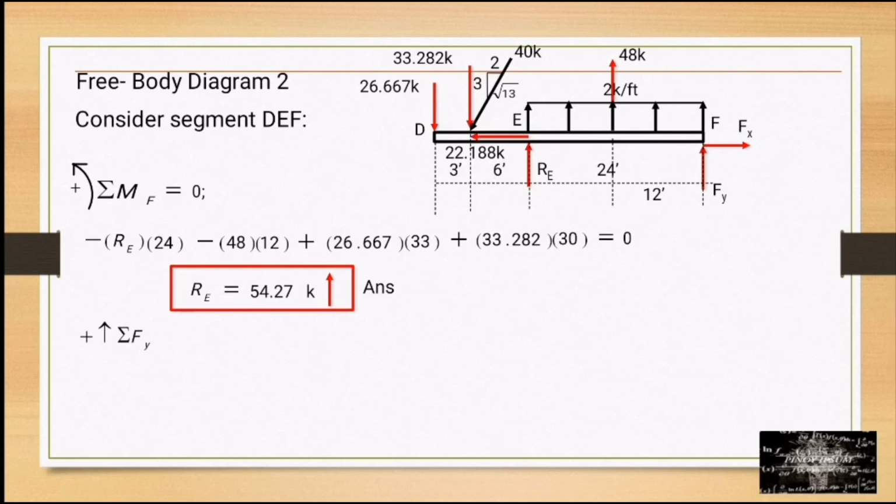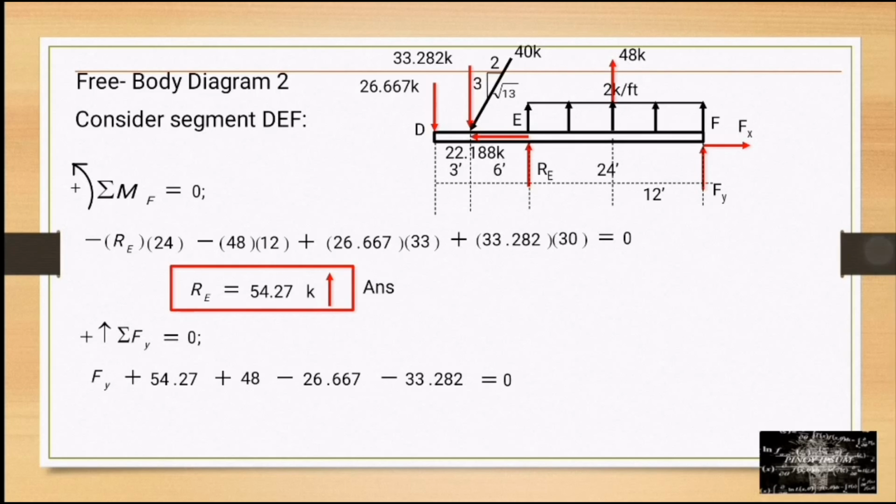Now, summation of forces along Y is equal to 0. So, makukuha natin yung Fy na plus 54.27 plus 48 minus 26.667 minus 33.333 is equal to 0.